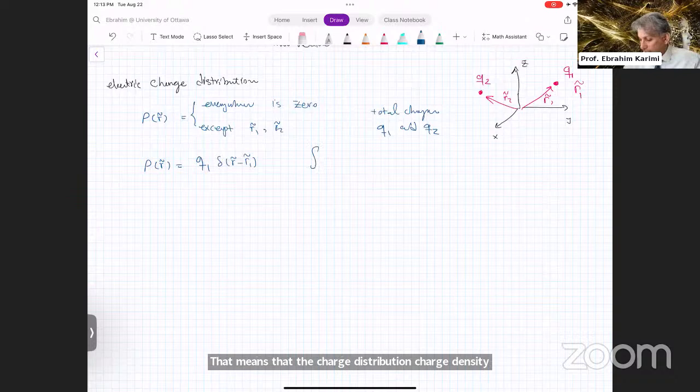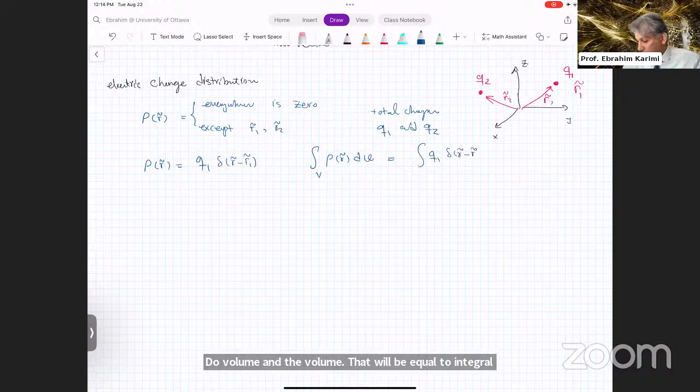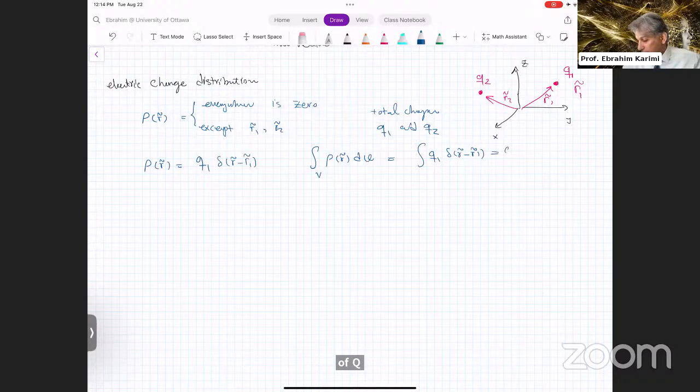And when you integrate to get the total charge over the volume, that will be equal to the integral of Q1 delta of R minus R1 dV.